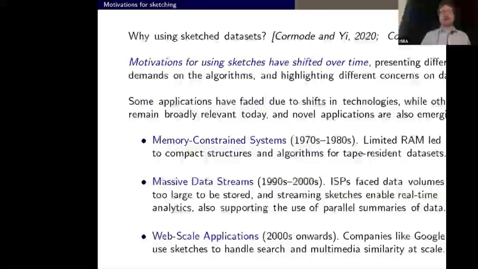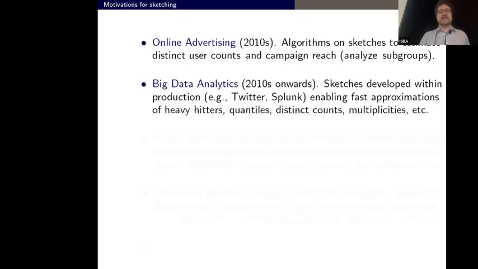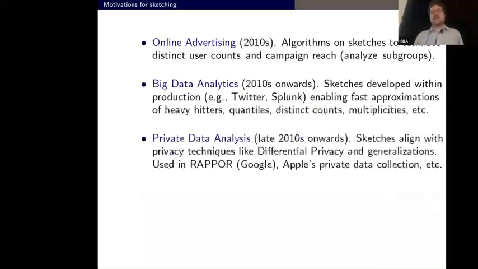So fast queries. Here, in marketing for online advertising, and big data analytics, we want to do statistics on this huge data. And then most recently, private data analysis and fairness. These sketches, as you can see, are a kind of aggregation, and aggregation creates privacy, protects privacy.